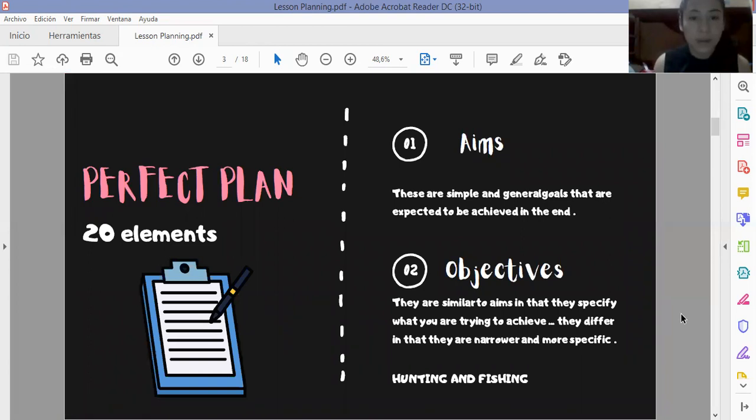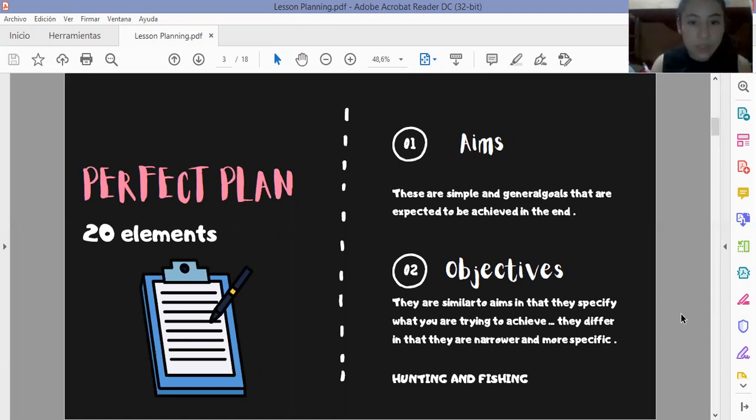Let's start this report by talking about the 20 important elements to develop a perfect planning. The first step is to set the aims. These are simple and general goals that are expected to be achieved in the end. On the other hand, we have the objectives, which are similar to aims in that they specify what you are going to achieve, but they differ in that they are narrower and more specific.